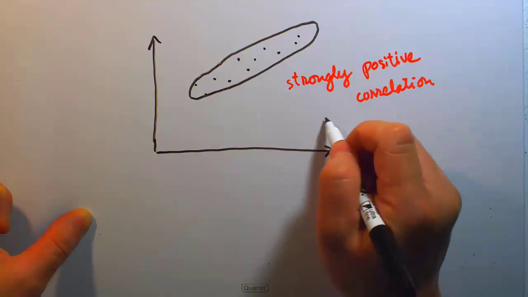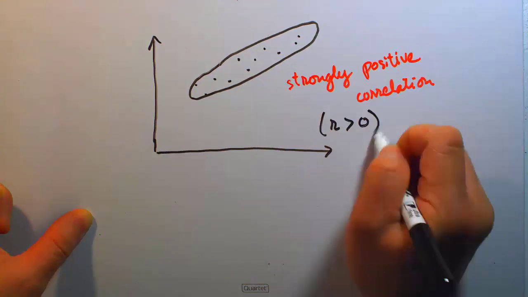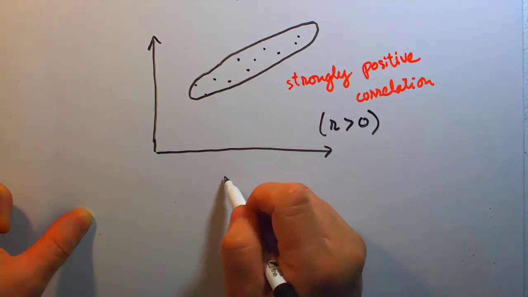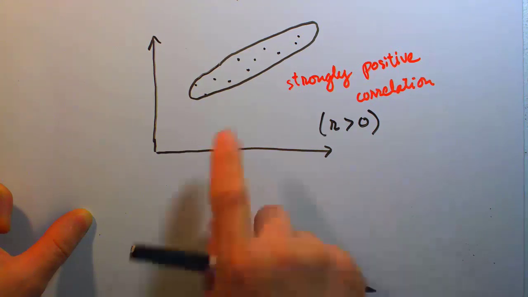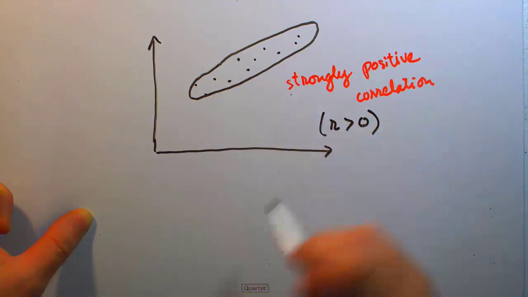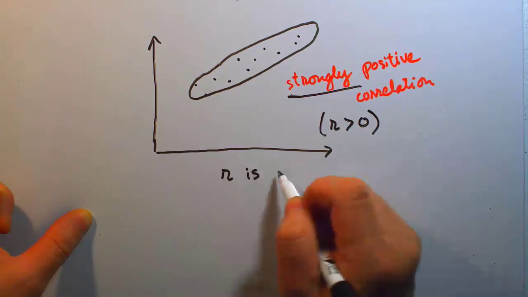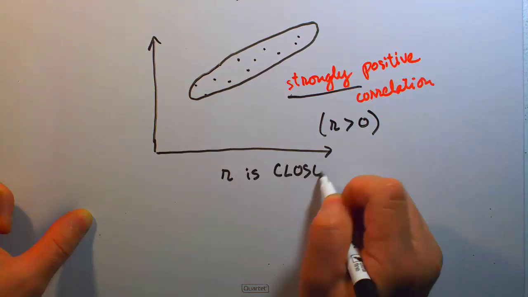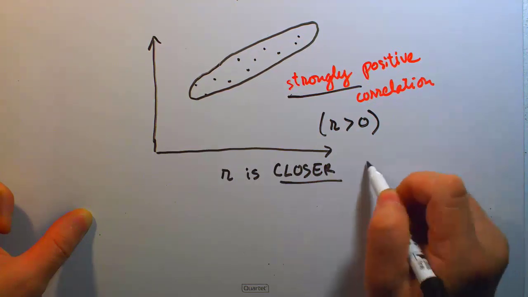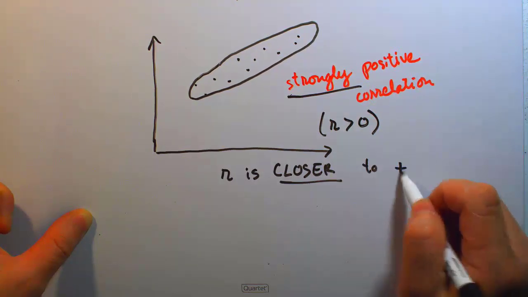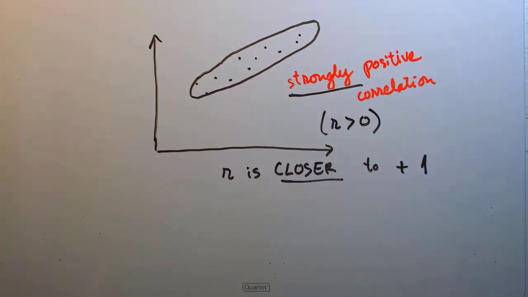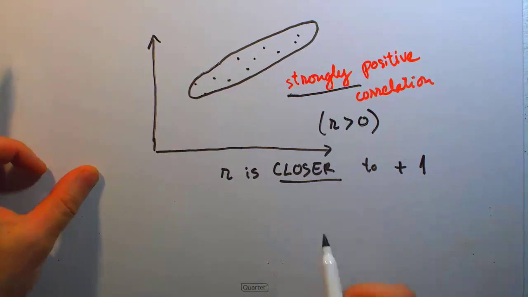So R is still positive, of course, but now further we say that R in this situation here where we recognize strongly positive correlation, then the R is closer to positive 1.